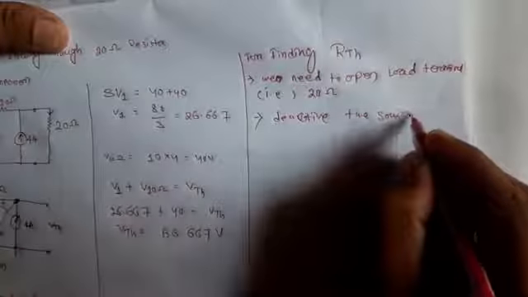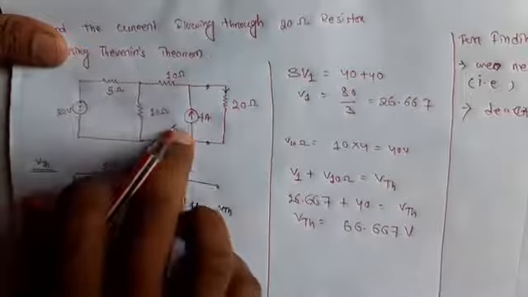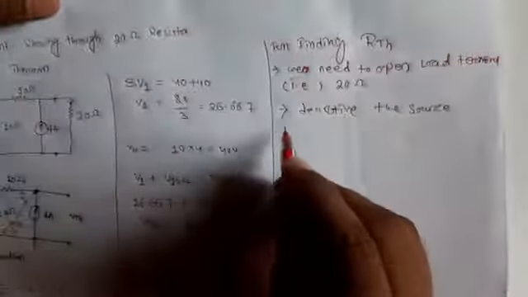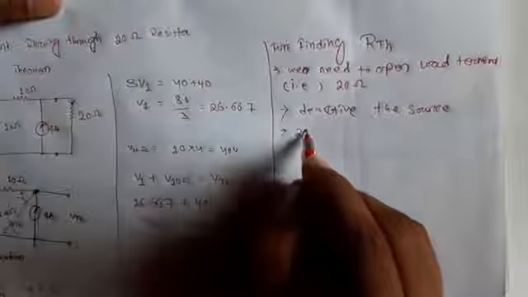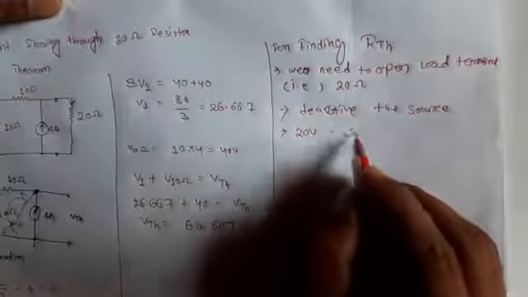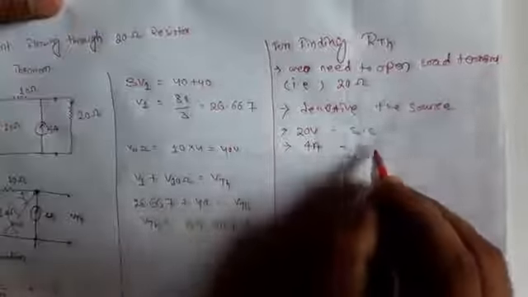Here the number of sources is 2, one voltage source and another current source, so we need to deactivate both. For deactivating the 20 volt voltage source, we short circuit it, and the 4 ampere current source is open circuited.